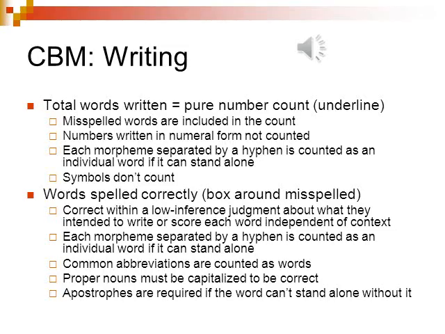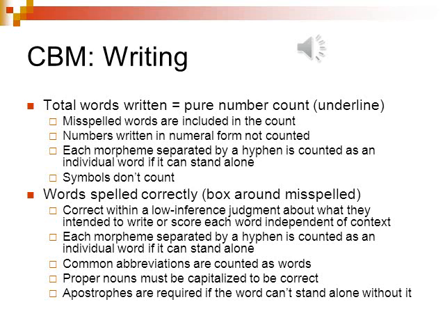Then for words spelled correctly, you're going to look at correct spelling within a low inference judgment about what they intended to write. So if they wrote, "I ate a piece of candy," and they spelled piece P-E-A-C-E, you would probably count that as misspelled. It doesn't take much inference to determine that they meant to write P-I-E-C-E.